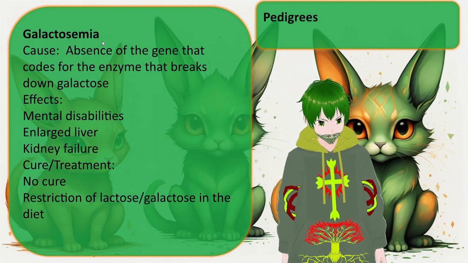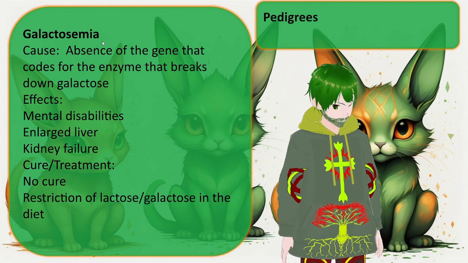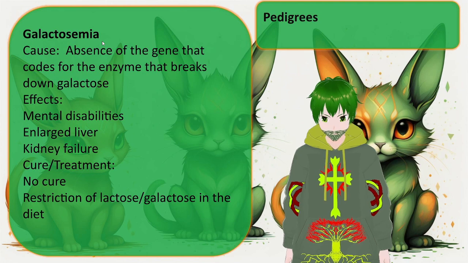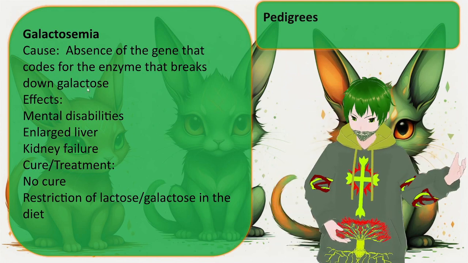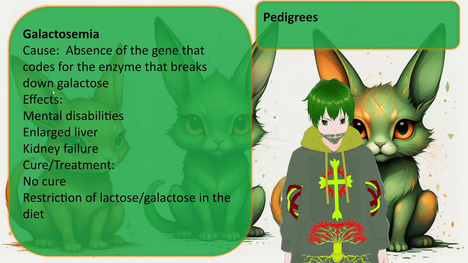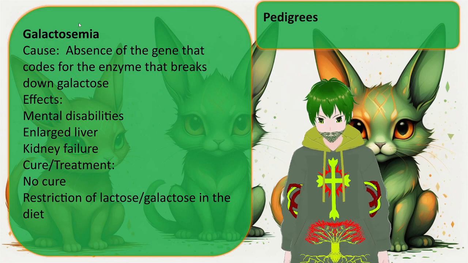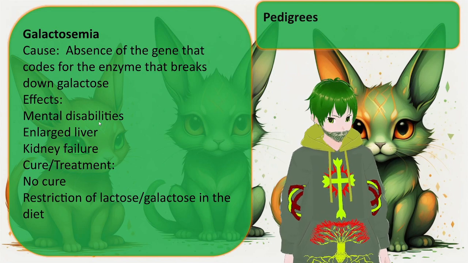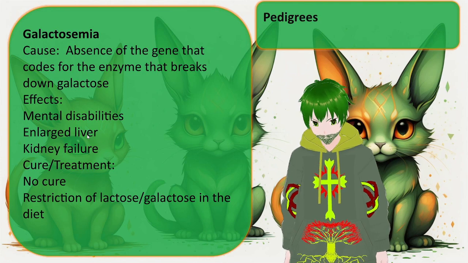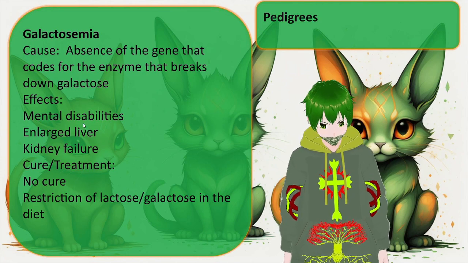Now, galactosemia is an interesting disease where your body does not have the enzyme to break down galactose, which is in just about everything, right? Sugar is the base for most substances. And so the inability to break that down causes some real problems. Kidney failure, swollen liver, just to name a few.